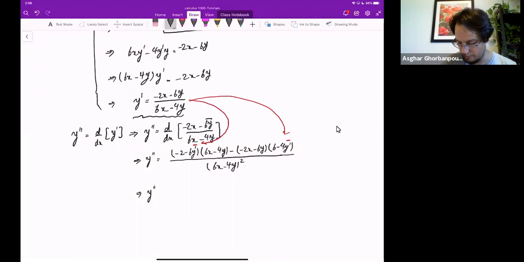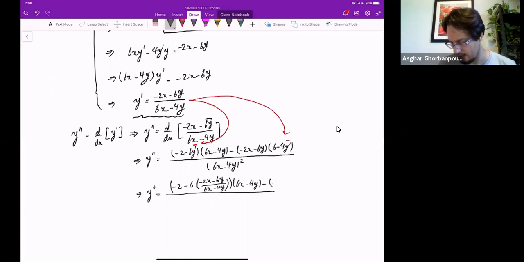So y double prime is going to be minus 2 minus 6 times the whole thing there, (minus 2x minus 6y over 6x minus 4y), times (6x minus 4y), minus (minus 2x minus 6y) times 6 minus 4 times (minus 2x minus 6y over 6x minus 4y), and then divided by (6x minus 4y) squared.